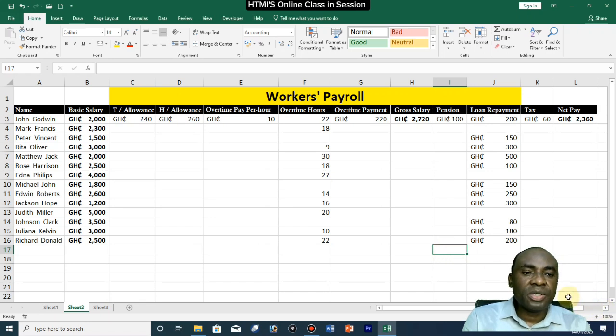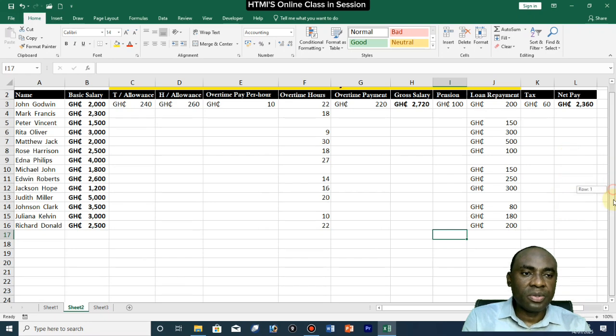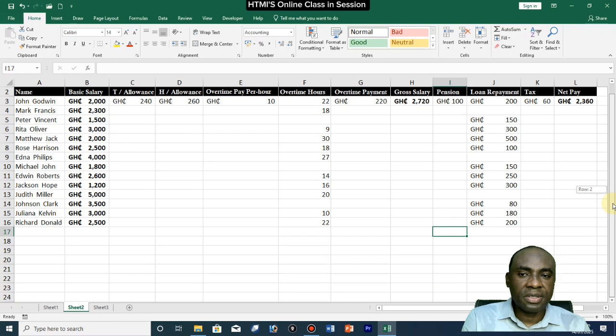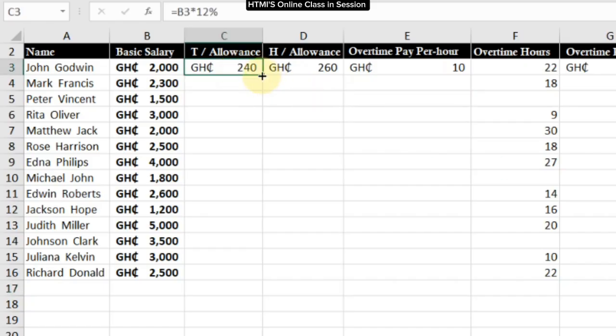Now, what we will do at this point, okay, let me scroll it up a bit. What we need to do to get the remaining figures is to click, and when your arrow is a bigger cross like this, the formula will not apply.